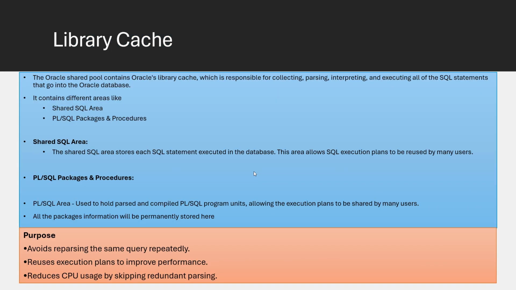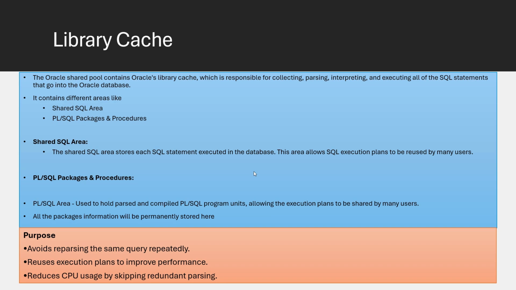The next one is the library cache. This is another important one. The Oracle shared pool contains the library cache, which is responsible for collecting, parsing, interpreting, and executing all the SQL statements that go into the Oracle database.